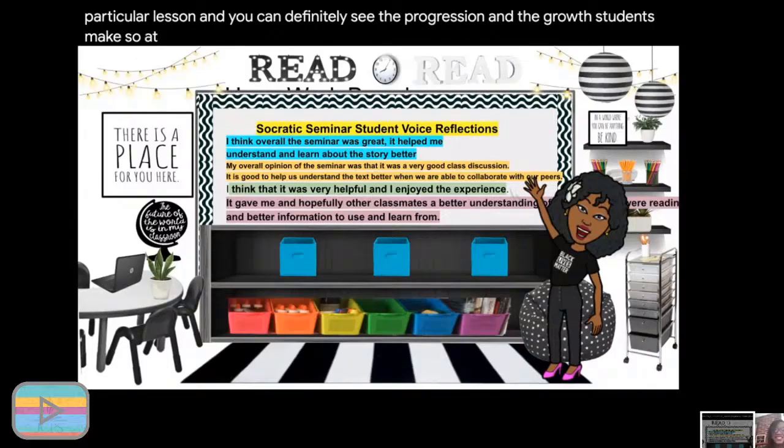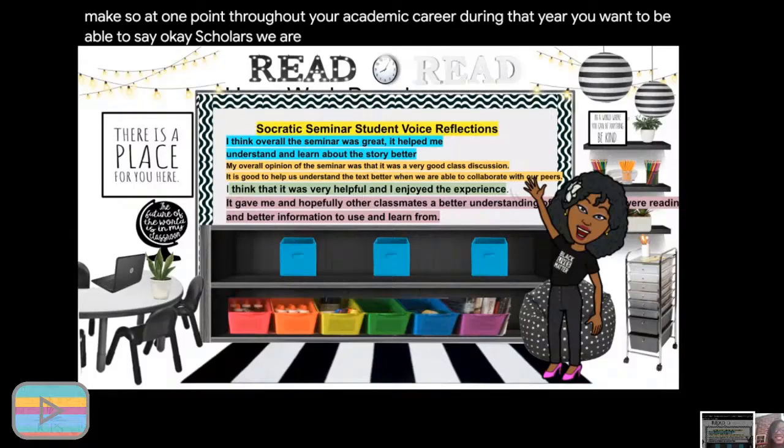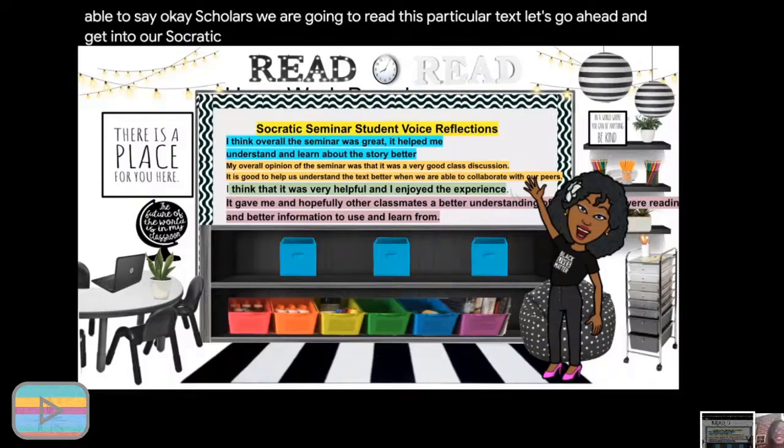So at one point during that academic year, you want to be able to say, okay, scholars, we are going to read this particular text. Let's go ahead and get into our Socratic seminar. And they will actually take the lead and start operating in the Socratic seminar role or the reciprocal reading strategy role.